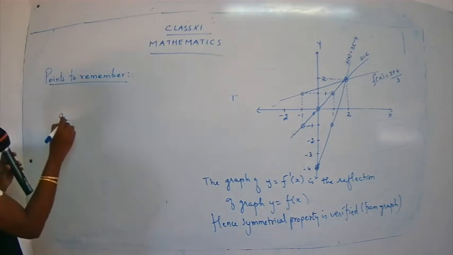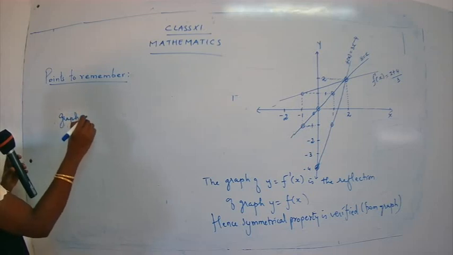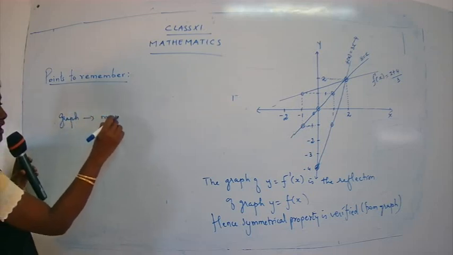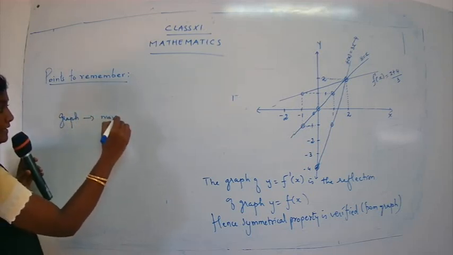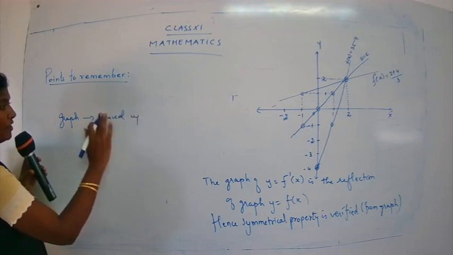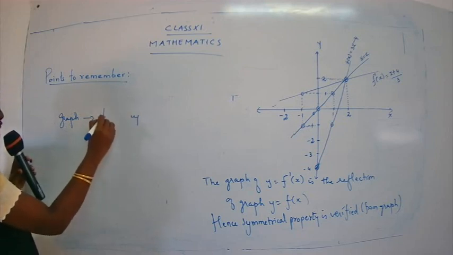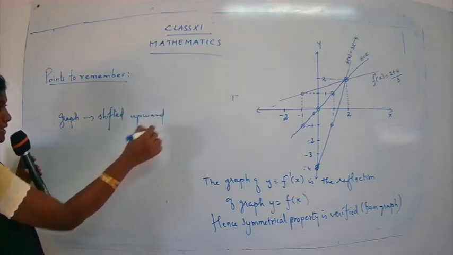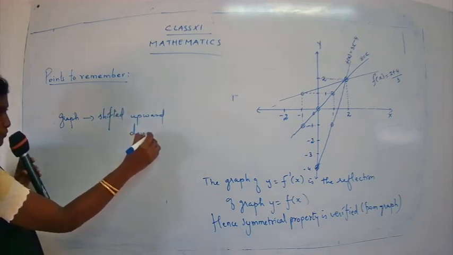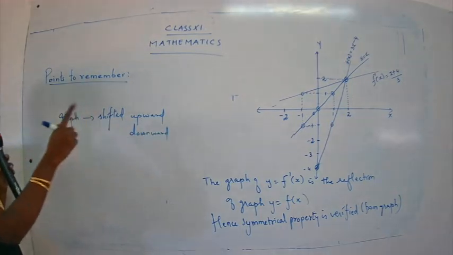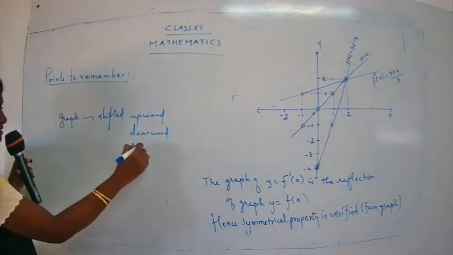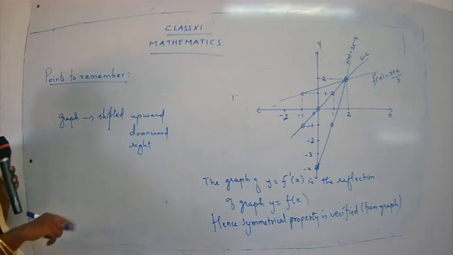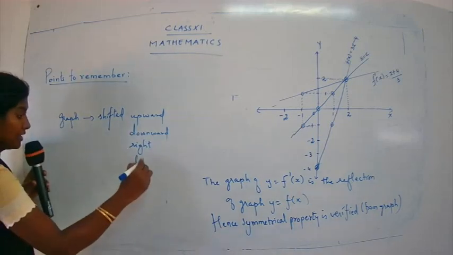The graph can be moved upward, or instead of writing moved, we can write shifted. The graph can be shifted upward, downward, towards the right, and towards the left.